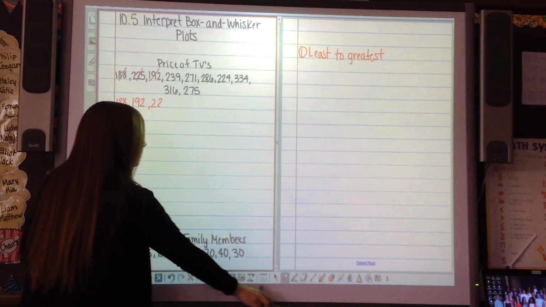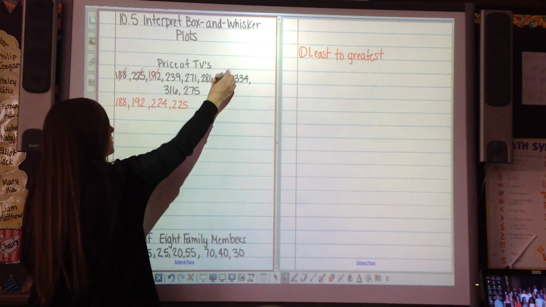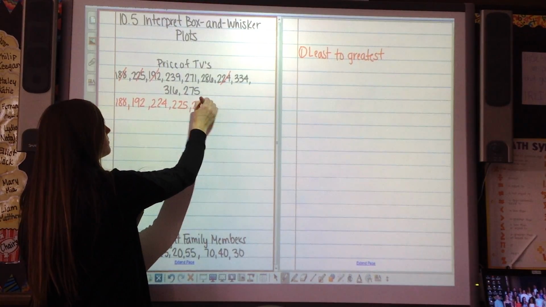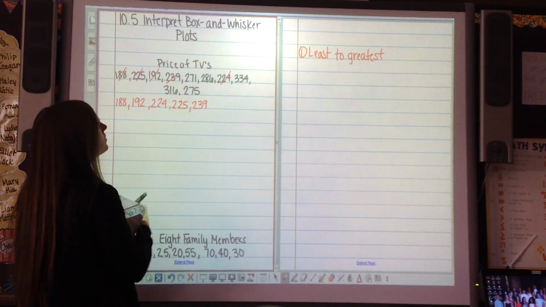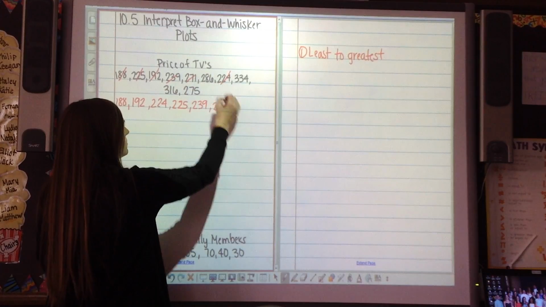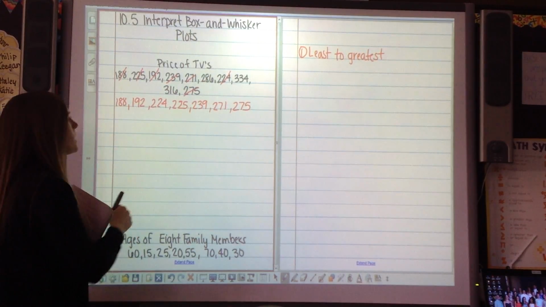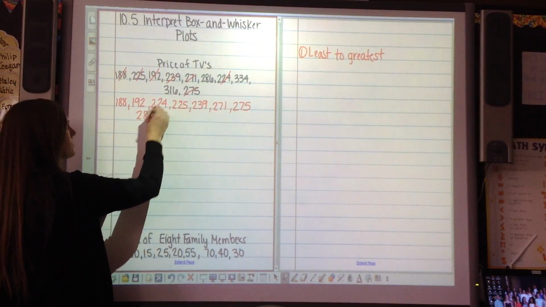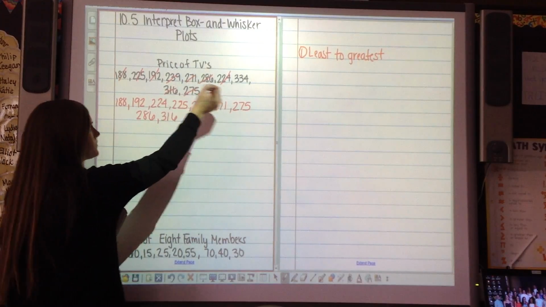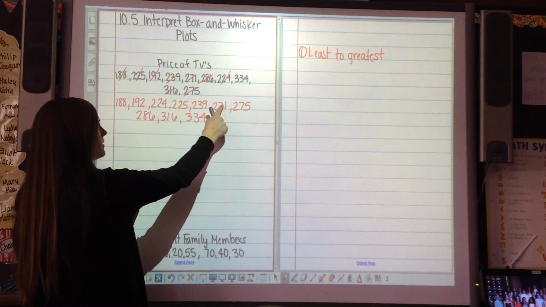And then 225. 239. 271. 275. 286. 316, and then 334. There should be 10 values. 1, 2, 3, 4, 5, 6, 7, 8, 9, 10.